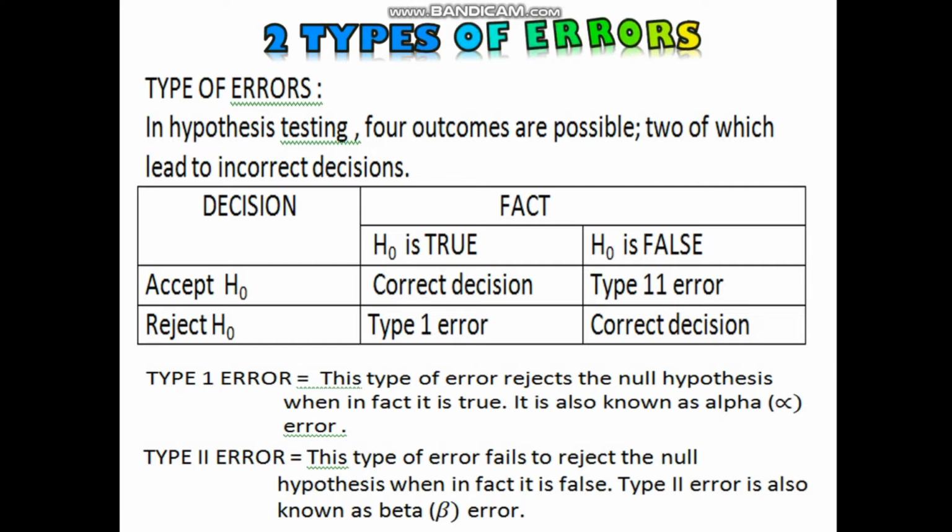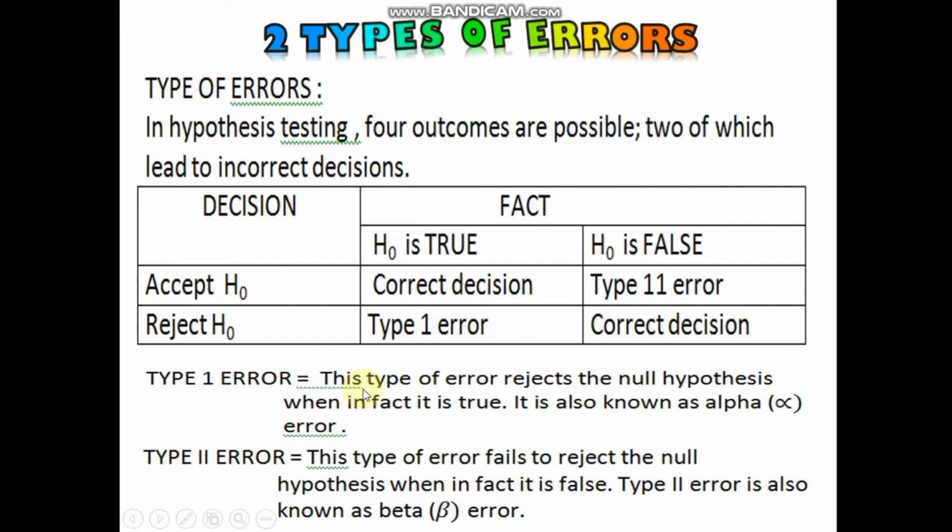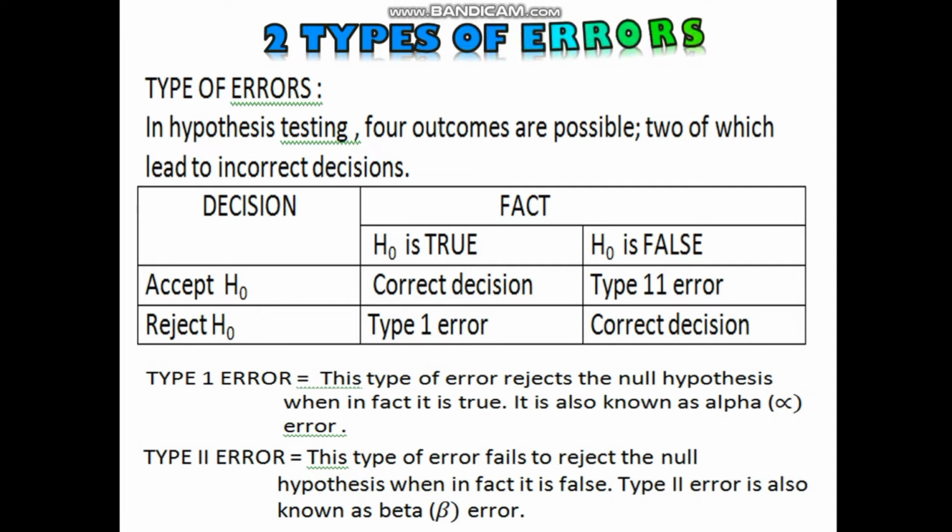So, in English, type 1 error is a type of error wherein one rejects the null hypothesis when in fact it is true. True nga siya, instead na ina-accept mo, ni-reject mo. So, type 1 error. It is also known as the alpha error.